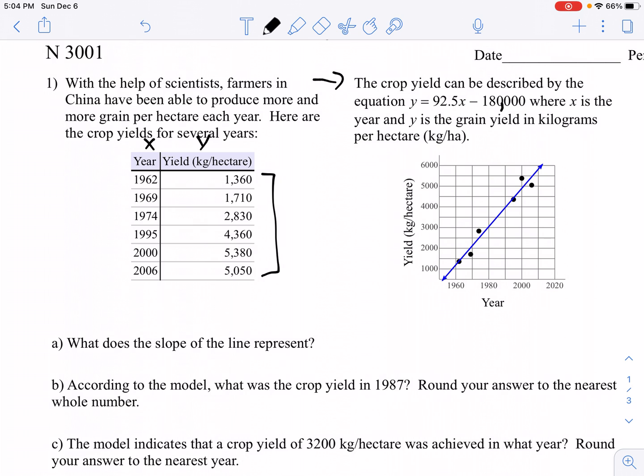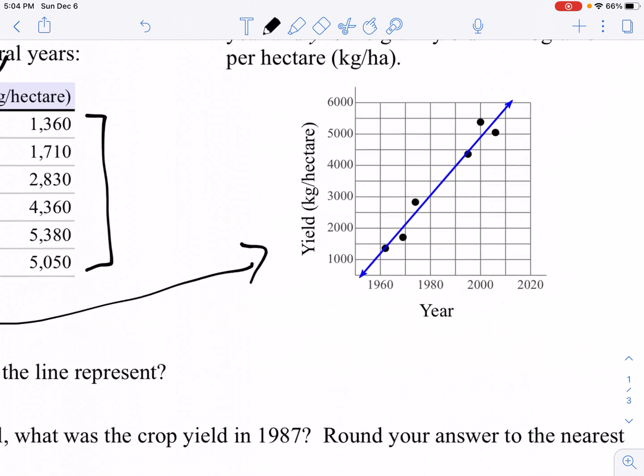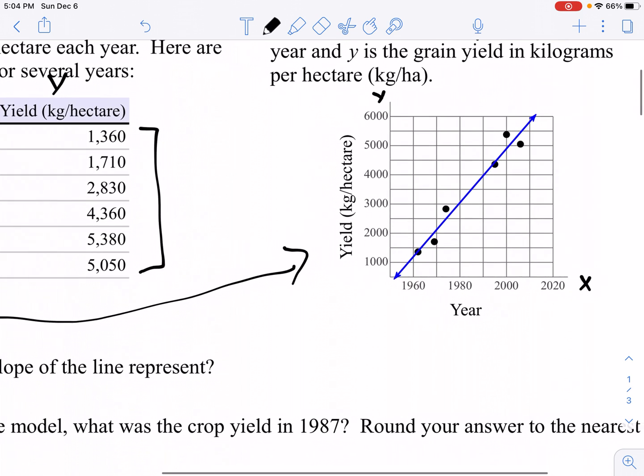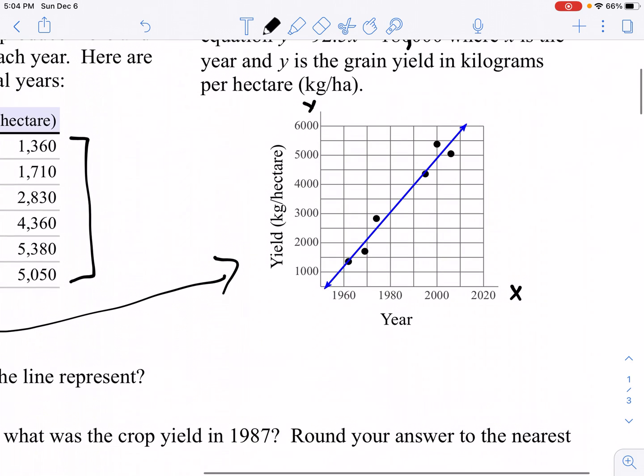Now all of this is plotted here, our x and y values, where we have our x-axis and our y-axis. These are our points plotted in our scatter plot, where x represents the years and y represents the yield. Now notice they created this line that seems to run through it, the general trend as we plot the points.